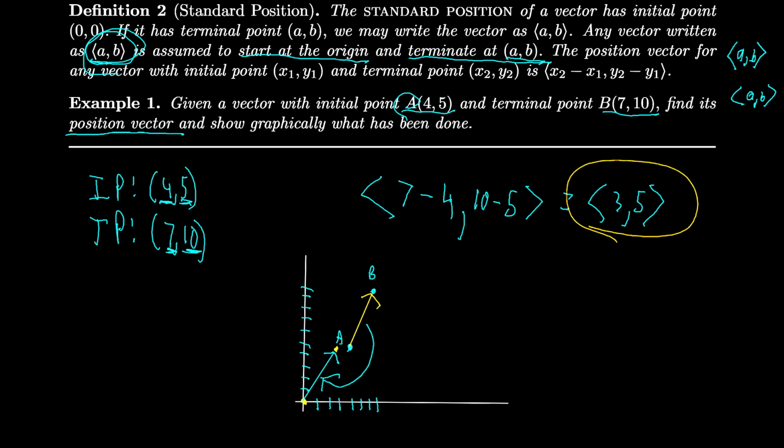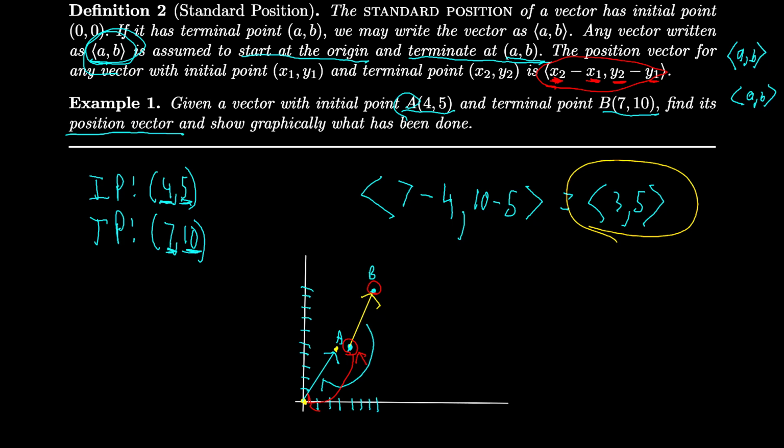So keep in mind that when you're given some terminal point like this and initial point like this, where the initial point isn't at the origin, you can move it to the origin by just taking the terminal point's x coordinate and subtracting the initial point's x coordinate, and doing the same thing for the y coordinates.